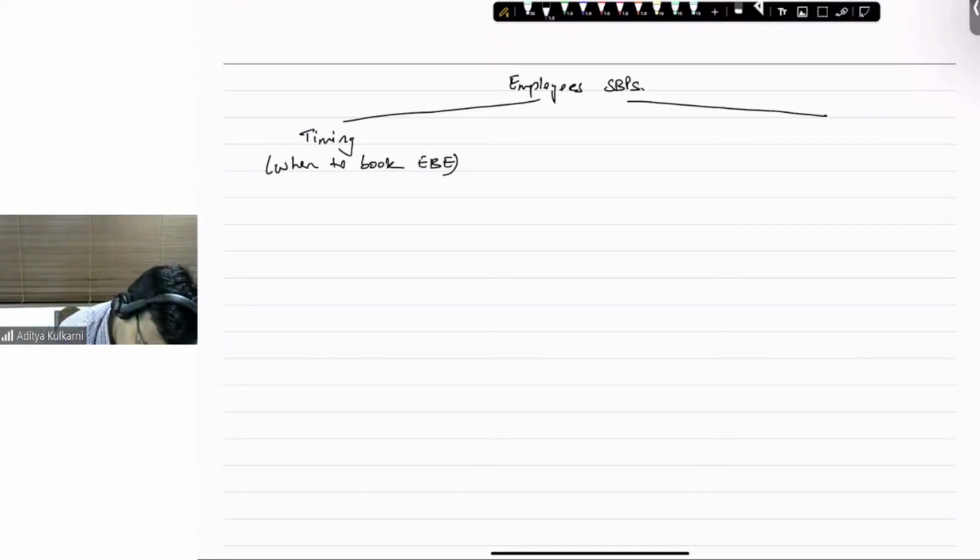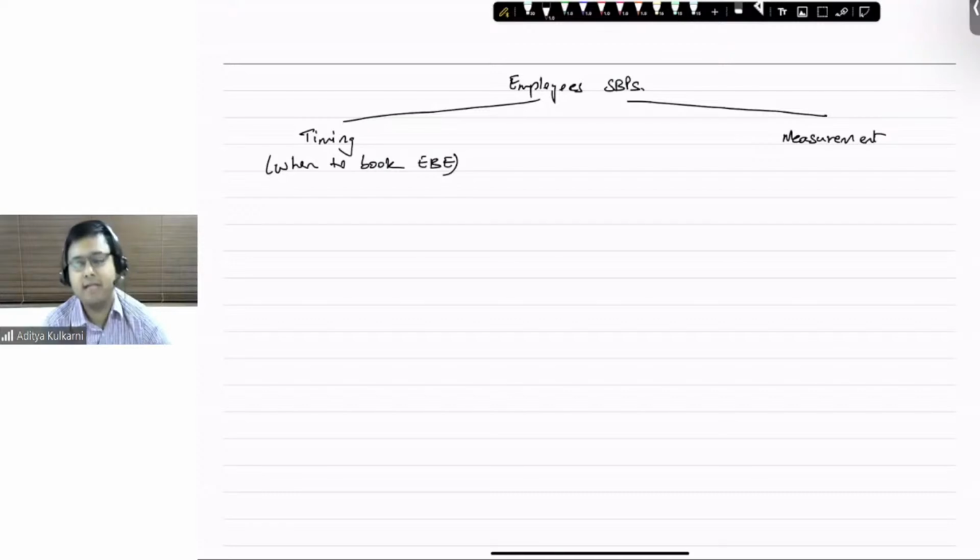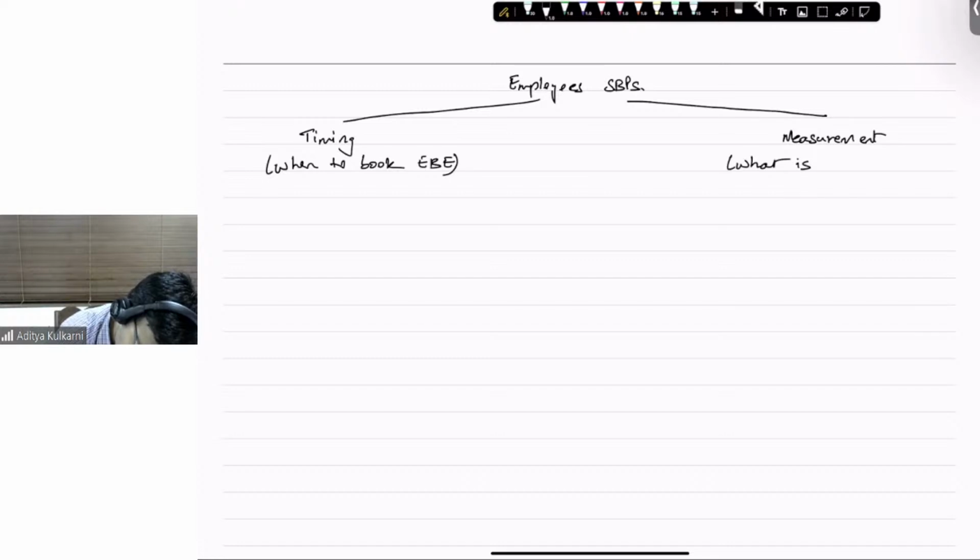And the next one is measurement. Basically, you look at the journal entry, you need two things. One is what date to put, and the next one is at what amount. Measurement: what is the amount of EBE?